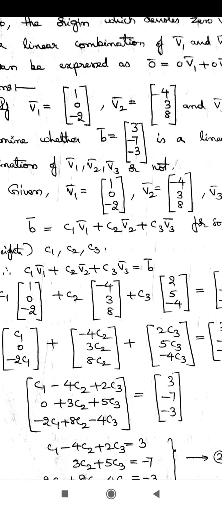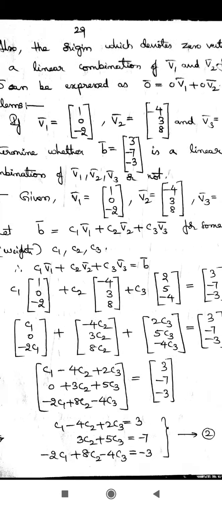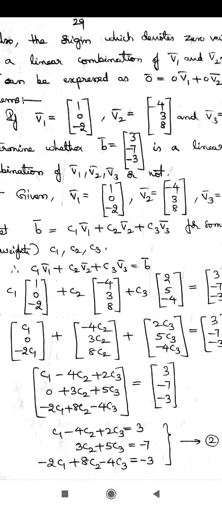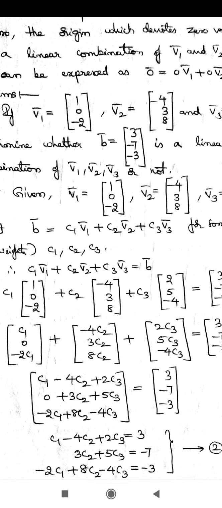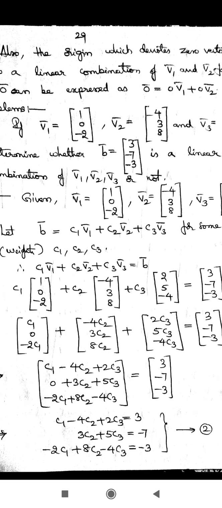So we can take b bar is equal to c1 v1 bar plus c2 v2 bar plus c3 v3 bar, where c1, c2, c3 are scalars or we call them weights in the context of linear algebra. So c1 v1 bar plus c2 v2 bar plus c3 v3 bar is equal to b bar.